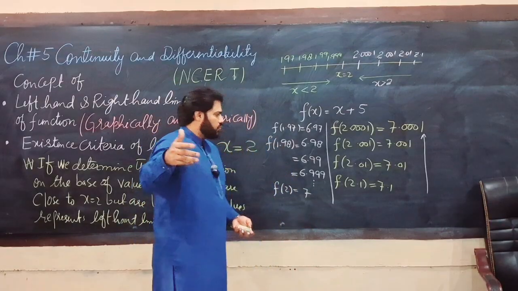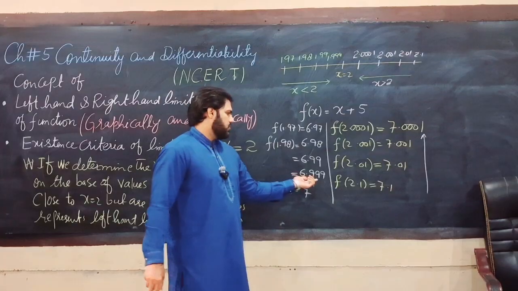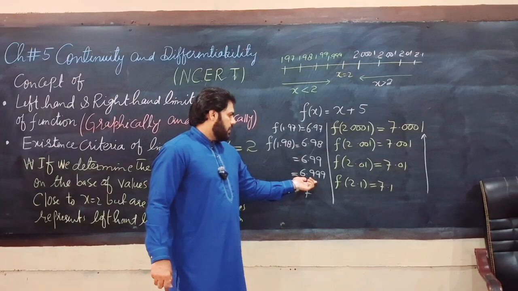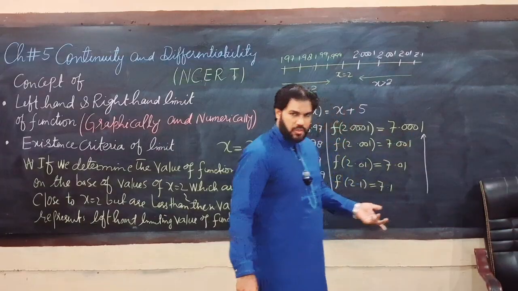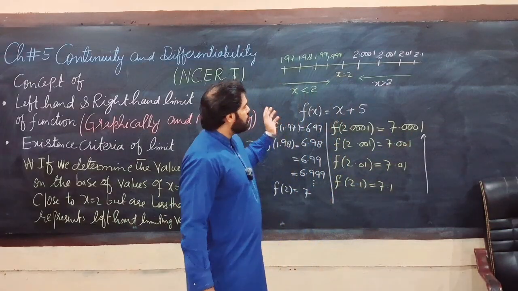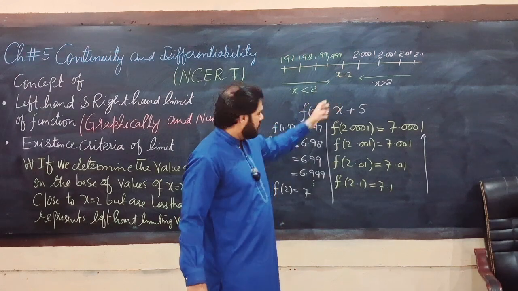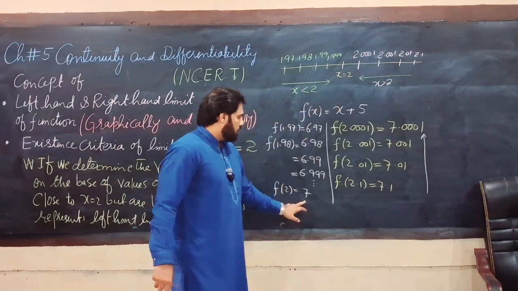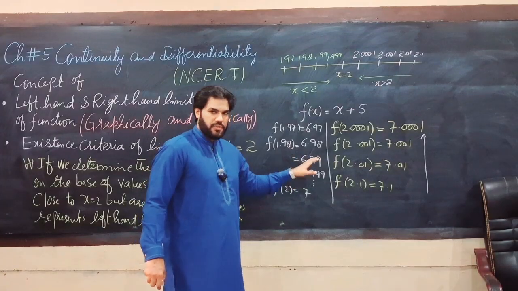Suppose one student says the limiting value of the function should be 6.999 and one of the students says the limiting value should be 7.001. Actually, whenever you move towards or approach x equal to 2, the value of the function approaches 7 from either side, left or right.